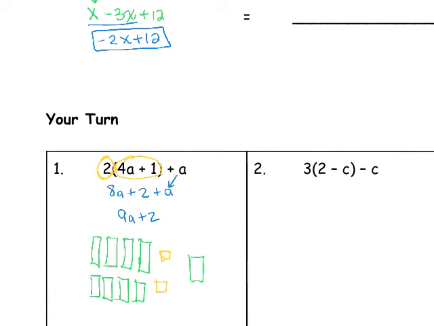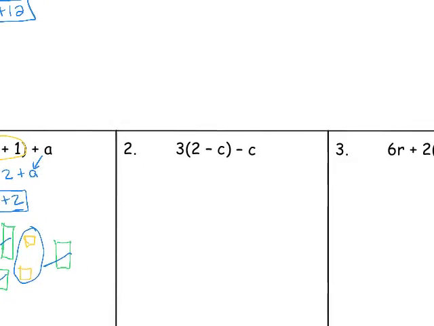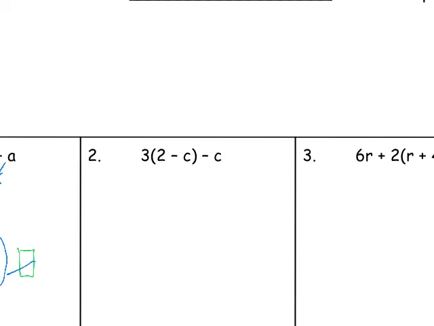So all together, what do I have? Well, I have 1, 2, 3, 4, 5, 6, 7, 8, 9 a's, which is what I have here, plus 2 unit tiles, which is what I have here. So 9a plus 2. Go ahead and pause the video, work on number 2, and then you can start the video up and check yourself.